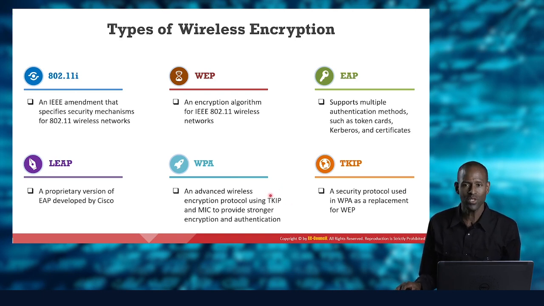So one of the problems with the IV, initialization vector of WEP, is that it never changed, giving an attacker all the time in the world to crack into WEP, whereas with WPA, the keys disappeared. They were a temporal key integrity protocol. And so this helped boost WPA as a replacement for WEP, but soon enough, TKIP was able to be hacked also, but by then we had WPA2.